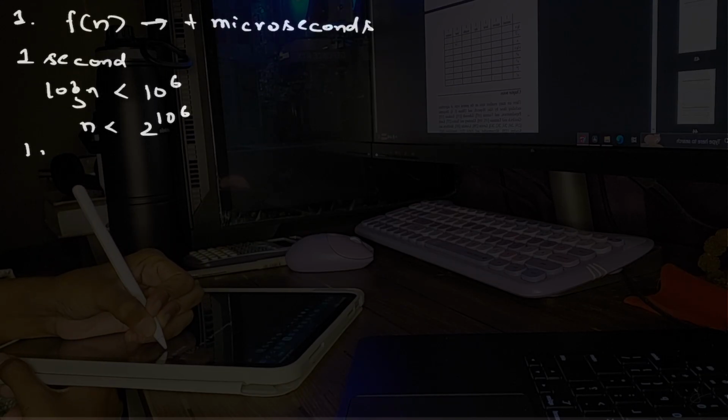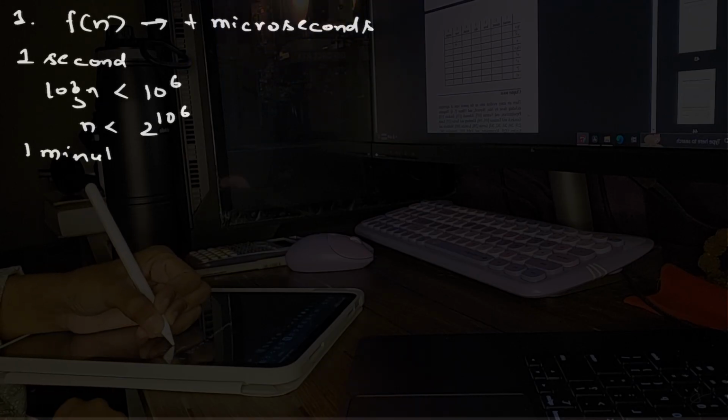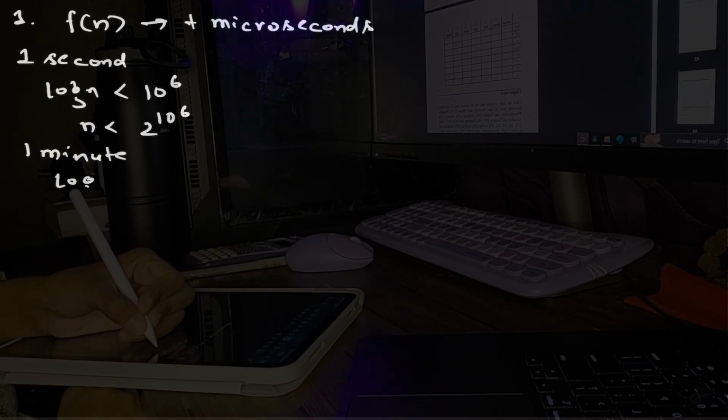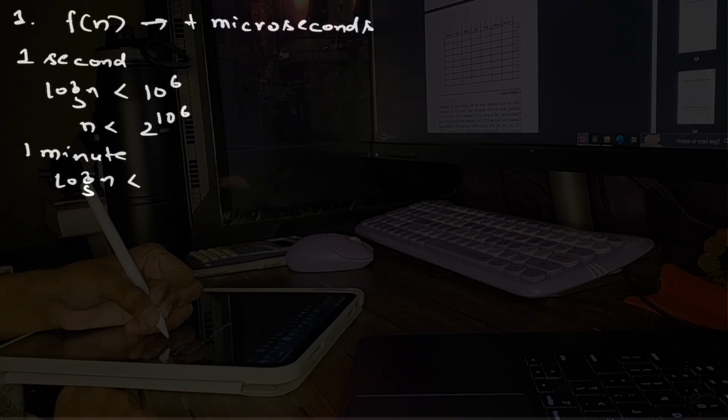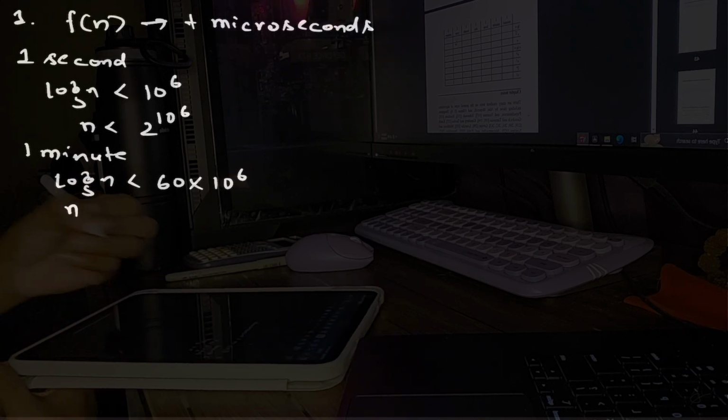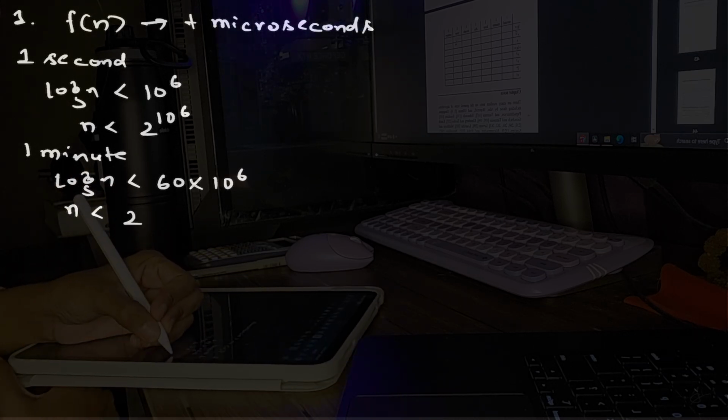Now if we have to do that for 1 minute, log of n: in 1 minute we have 60 seconds and 10 to the power of 6 microseconds, so it will be 2 to the power of 6 into 10 to the power of 7.